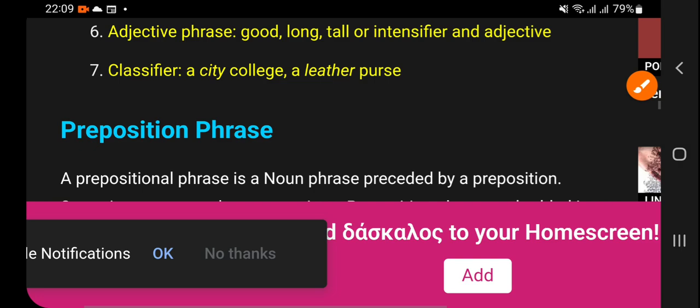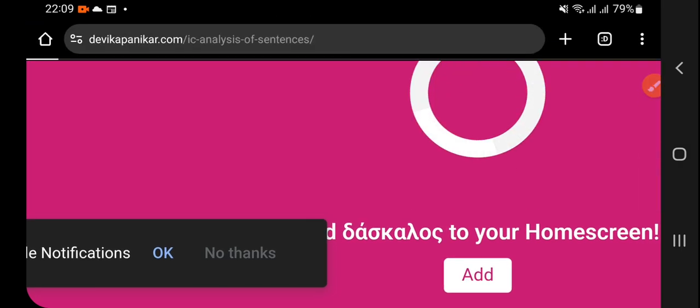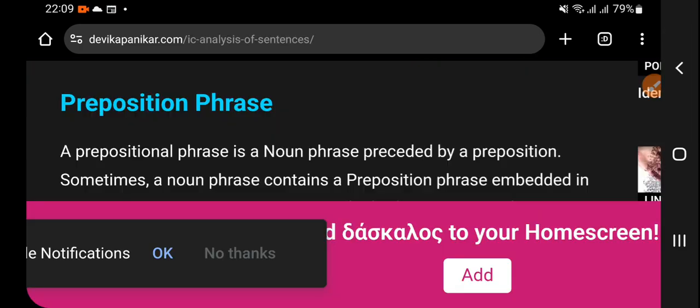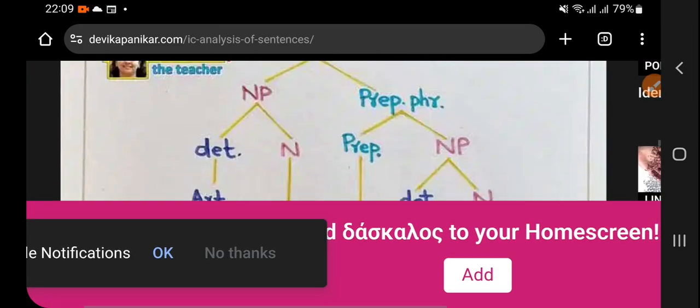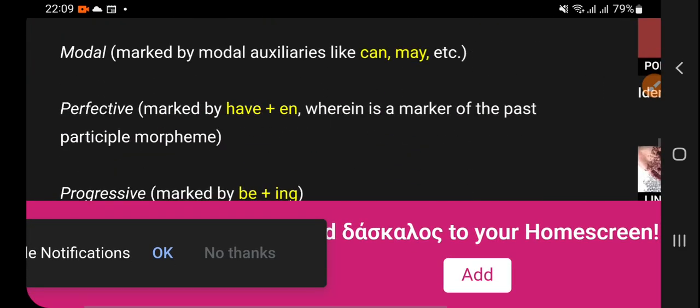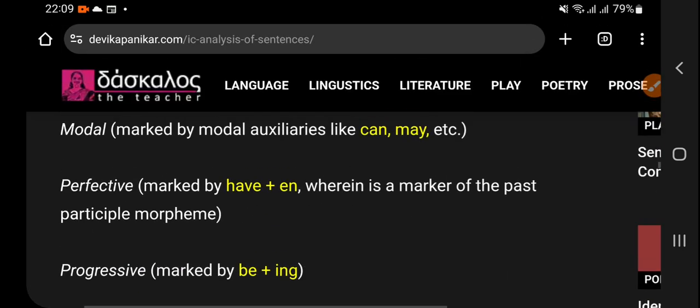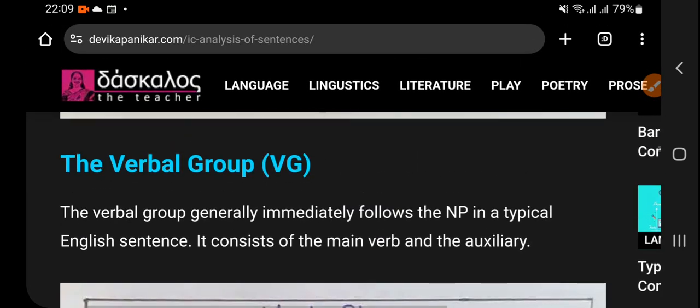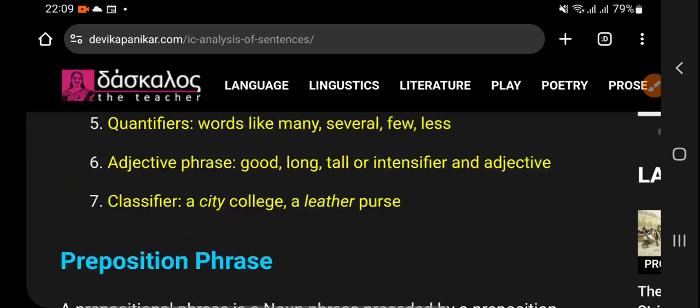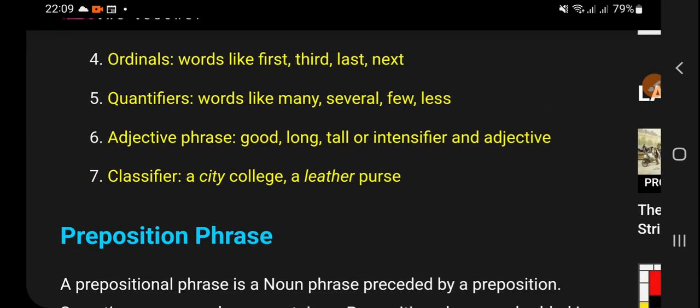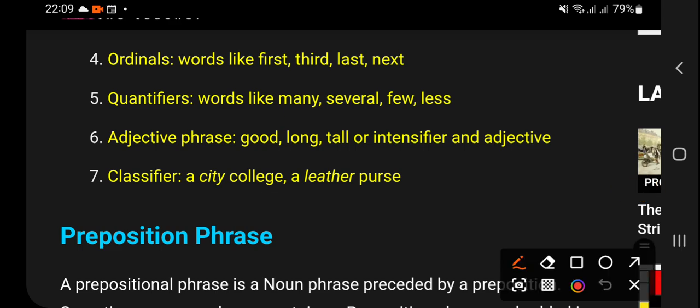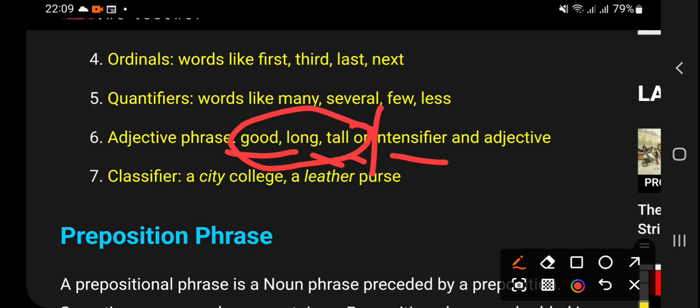Now adjective phrase. What is an adjective phrase? Words like good, long, tall, these are adjectives.